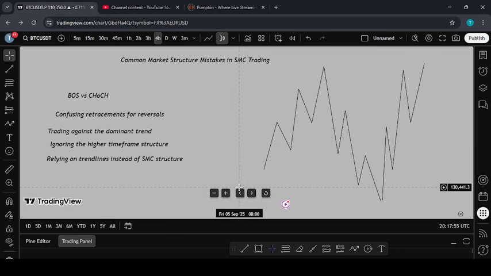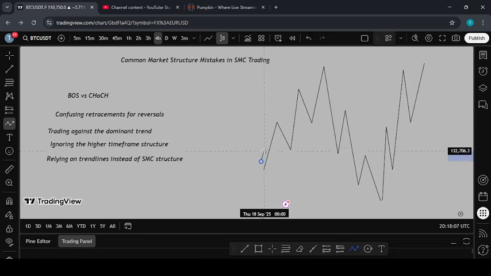Change of character can be, for example, if the market is in an uptrend, and the market is on this particular trend, on a smaller time frame the market would also be making internal structure moves. Then for the market to make a retracement on the smaller time frame, the market will change character.